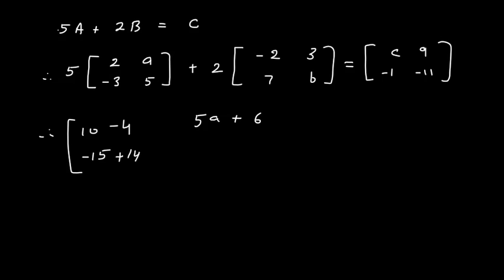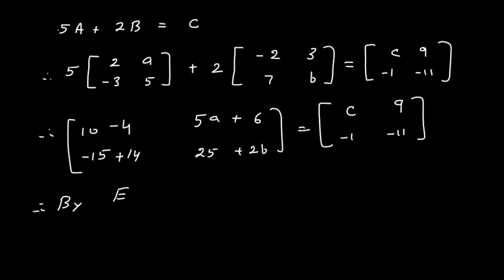On the right hand side it is c 9 minus 1 minus 11. By equality of matrix, we get 10 minus 4 is 6, 5a plus 6, here it is minus 1, here it is 25 plus 2b.